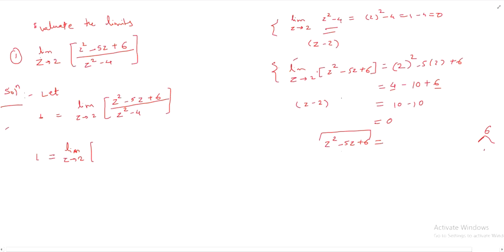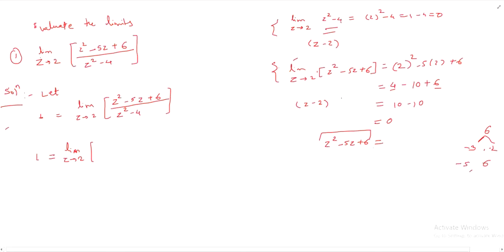So to get the sum negative, both the terms should be negative, and to get the product positive, both the terms should be either negative or positive. If we take the factors of 6, there are only 3 into 2. If both are negative, then their sum is negative and their product is positive.